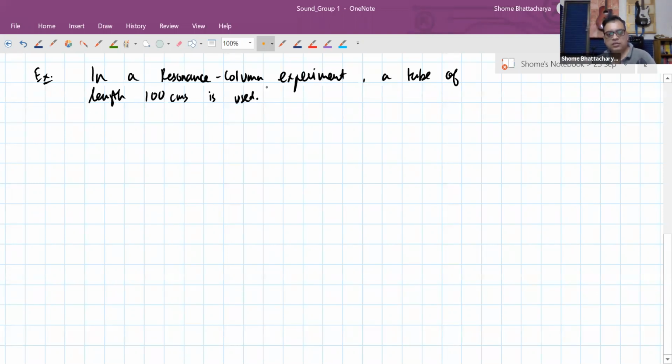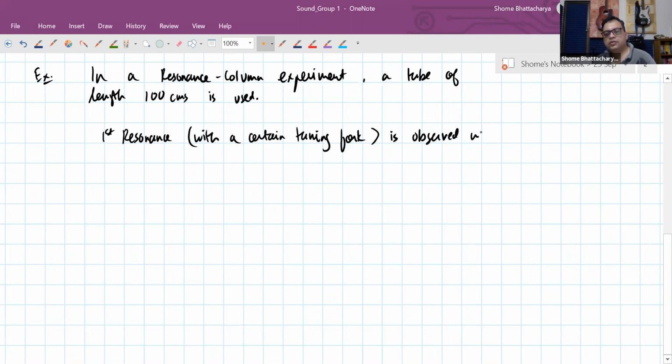Now the first resonance with a certain tuning fork is observed when the water level is at, let us say, 95 centimeters.